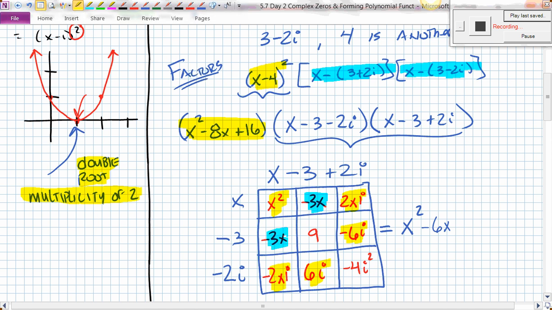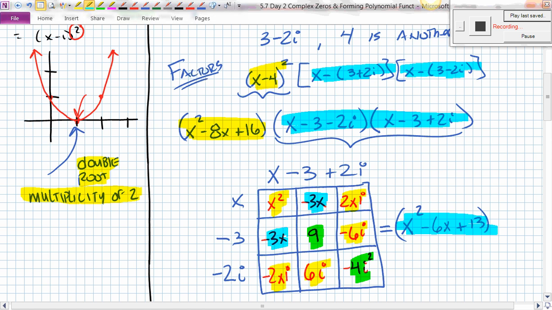That also goes away. So that leaves me with 9 and a negative 4i squared. Now, i squared is negative 1. Negative 1 times negative 4 is a positive 4, so 9 and 4 together make 13. So now I know that all this stuff here in blue boils down to this stuff right here in blue. And I found that by using the box method.